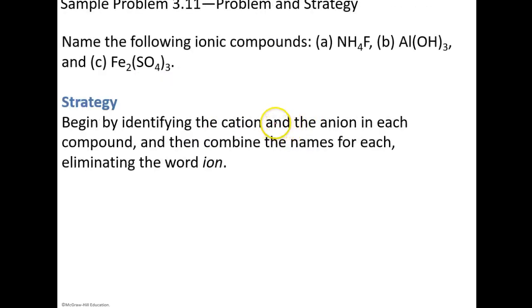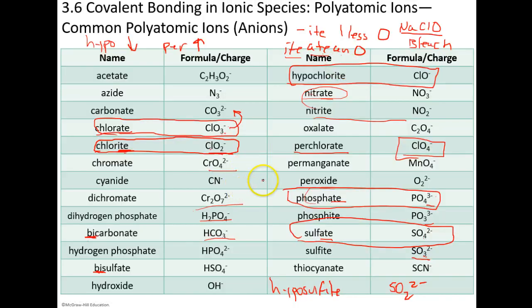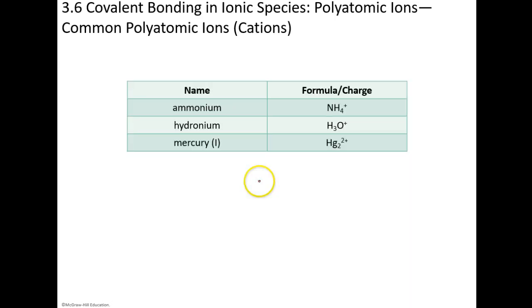So why don't we stop? Oh, and let me, where is it? These are anions. Oh, these are the cations, sorry. Don't worry about mercury. This is a very short list of polyatomic cations, and this is the most common one that we'll use a lot, the ammonium cation. Notice it's not a metal.